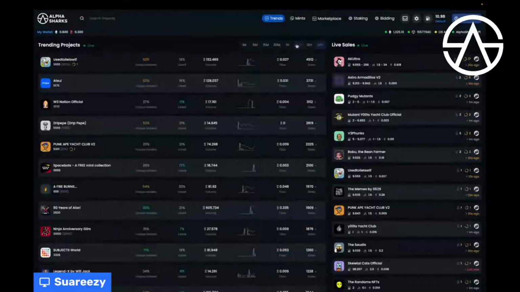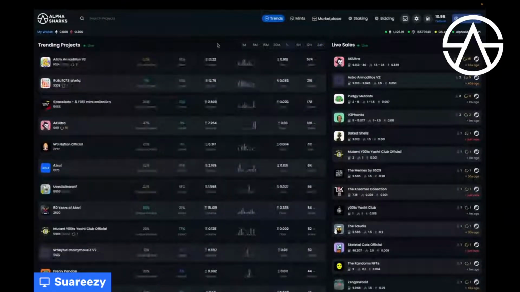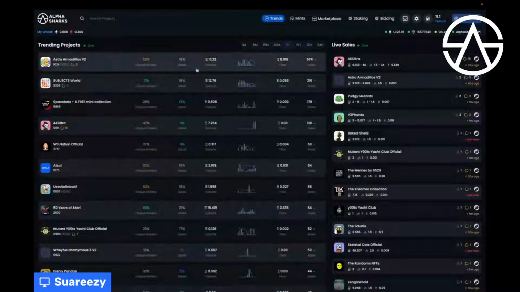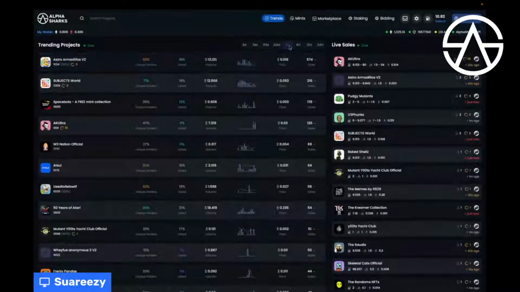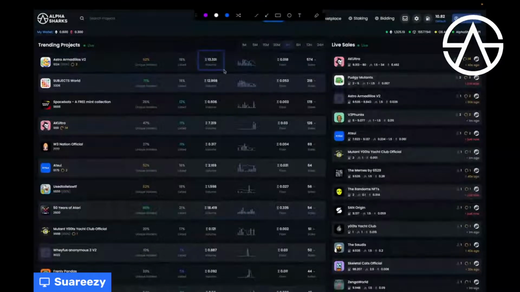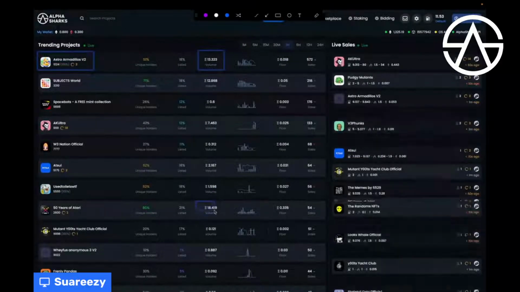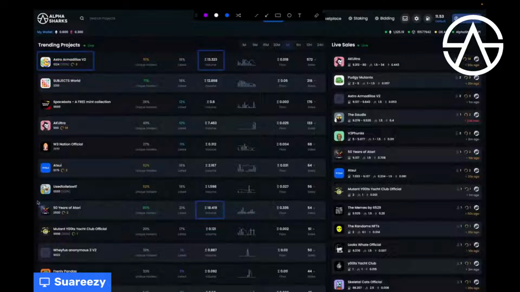The next thing we're going to go into is a 1-hour time frame, breaking down the same thing and trying to see where the demand is now within the hour. We see 13.3 ETH volume traded by Astro Armadillos. It's pretty decent, showing almost some of the most in the hour. But notice what pops up again: 50 Years of Atari.